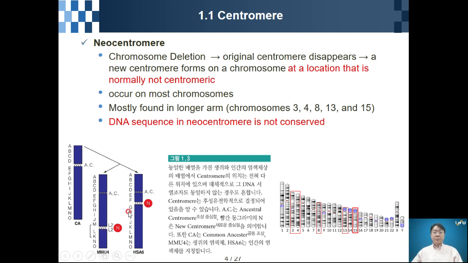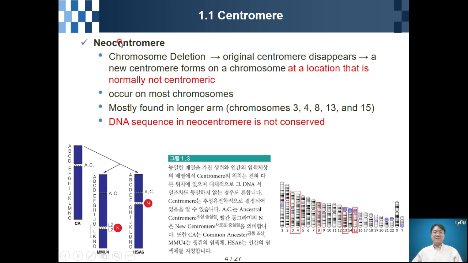In this case, a new centromere forms on the chromosome at a location that is normally not centromeric. Usually the centromere is located between gene D and gene E, but in the neocentromere the location is not normally centromeric.